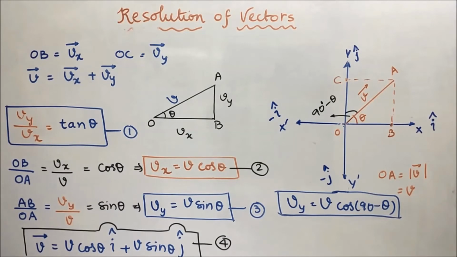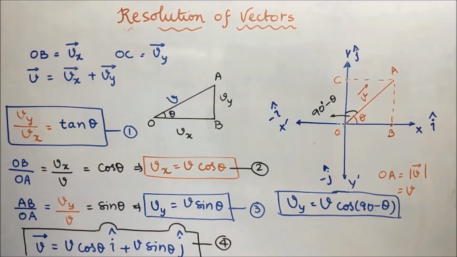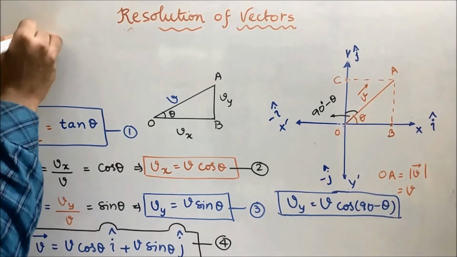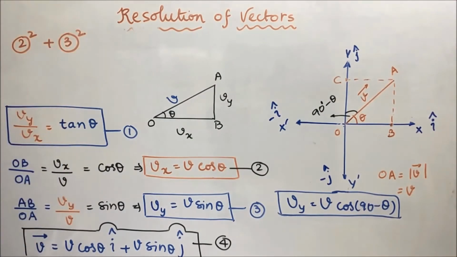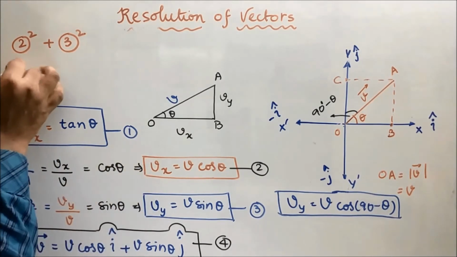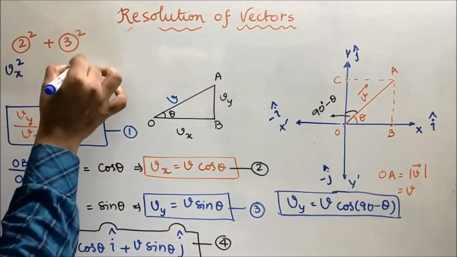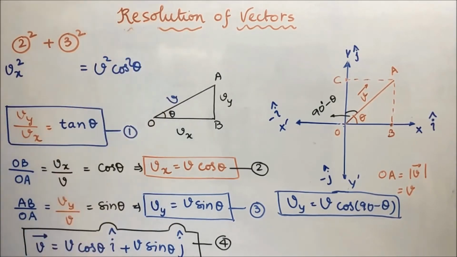Now we will be analyzing furthermore. For example, what would happen if I square and add 2 and 3? Let us do that. So squaring equation 2 and adding with square of equation number 3. So what can I write here? Left hand side Vx square, right hand side v square cos square theta.